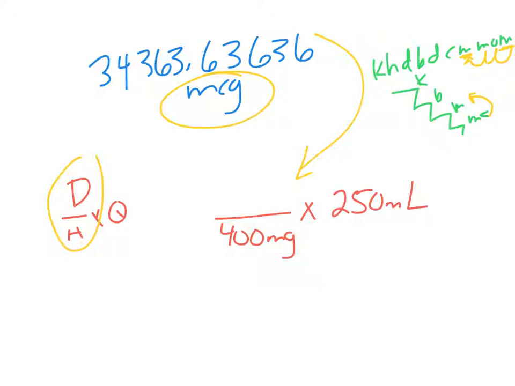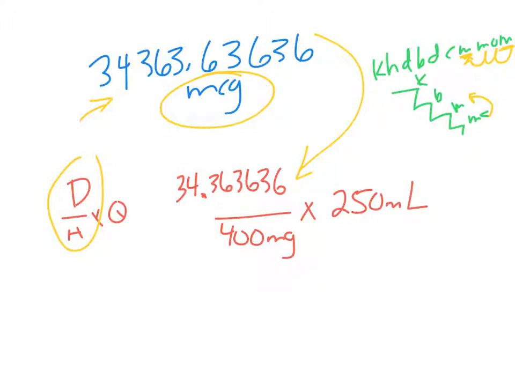So if we leave that big number in my calculator and divide it by 1,000, which is the same thing as moving 3 places to the left, that means my patient needs just 34.363636. Not that you have to write all this down, but I'm leaving these in my calculator as I continue to move forward.